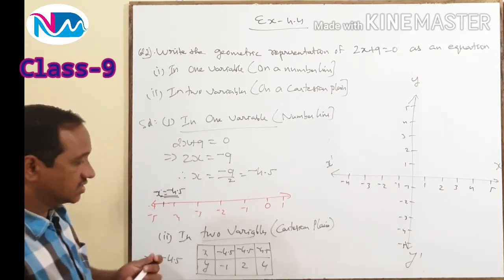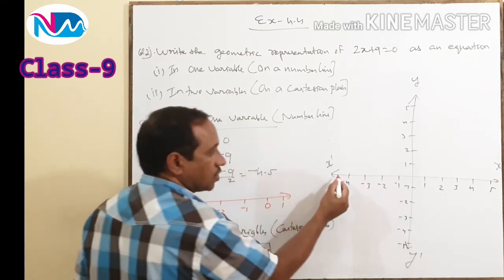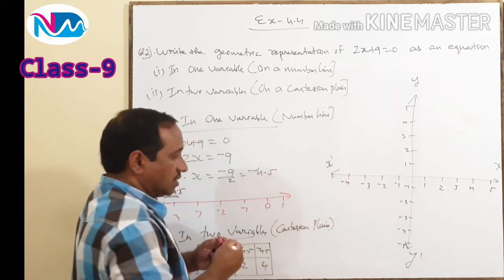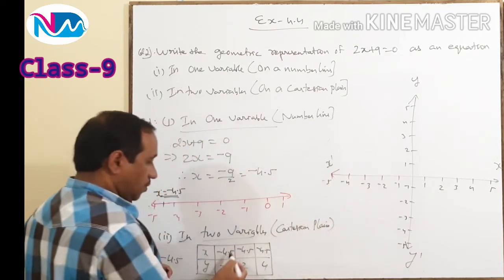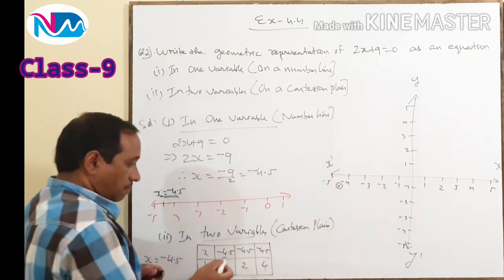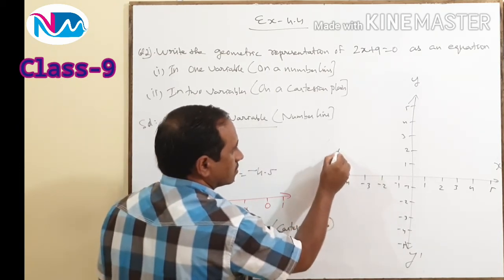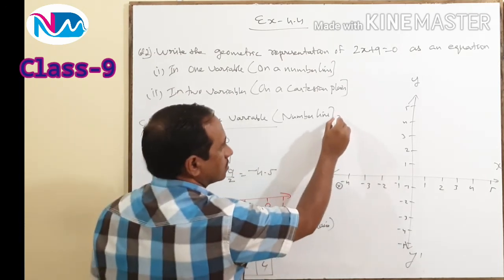The first point is -4.5, -1. -4.5 will be somewhere here, because let us mark it -5. -4.5, -1, it is here. -4.5, 2, that is here, and -4.5, 4 that comes here.